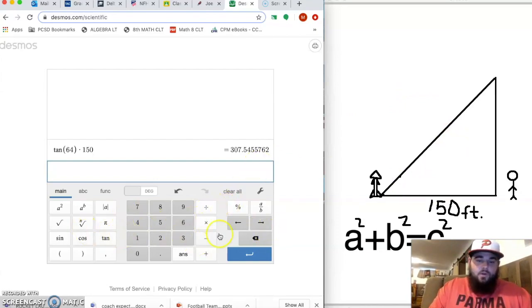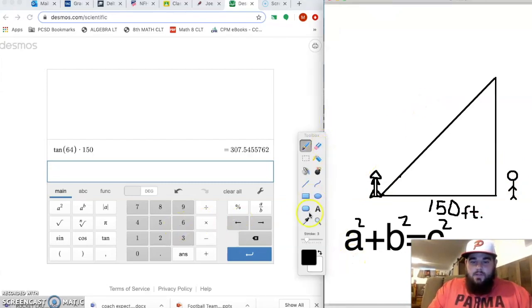I know I'm standing 150 feet away. This is Mr. Kern standing 150 feet away because I was standing back here recording. So you're going to make this 307.5.